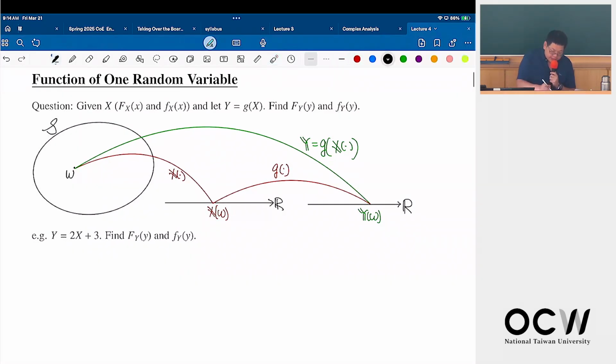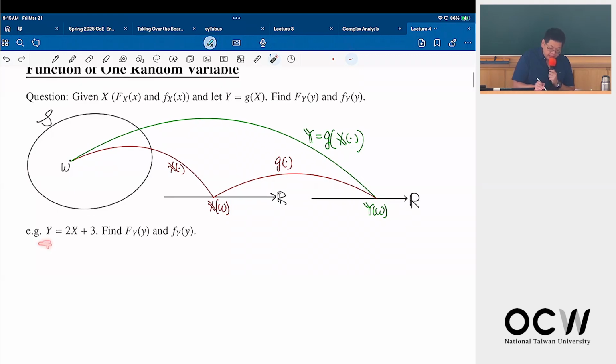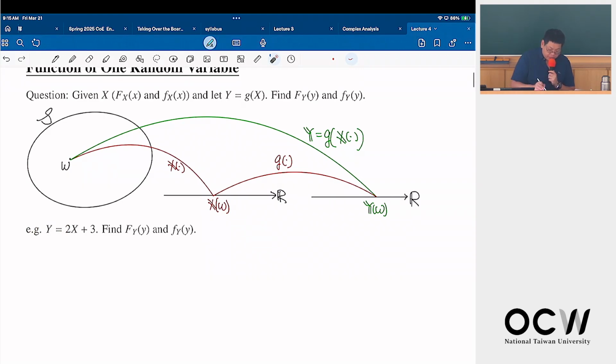Let's just see this example. Suppose we know the CDF and PDF of x, and then I have a relationship between y and x. I know that y is a random variable, so I want to find the CDF and PDF of y.